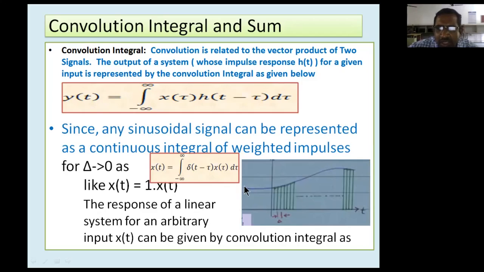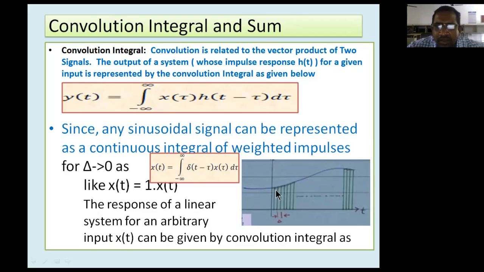There is a sinusoidal signal here, and the signal is simply sampled. See these samples. The sampling interval is delta. When delta tends to zero, what do you get? You get a very smooth response curve.